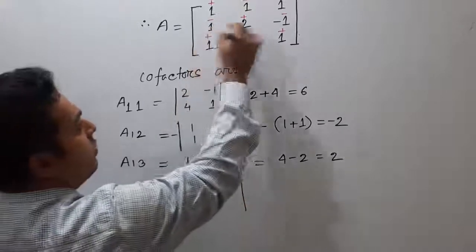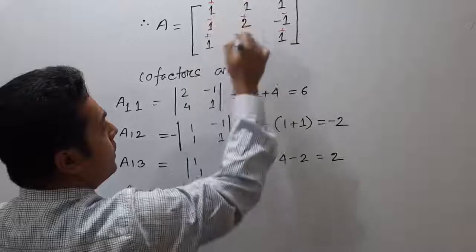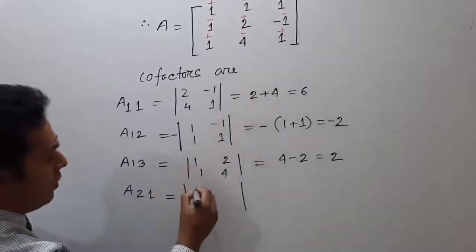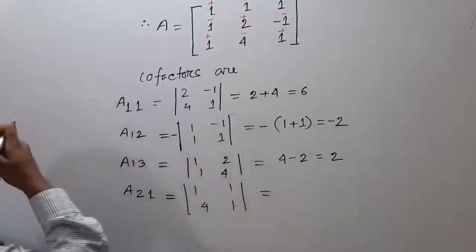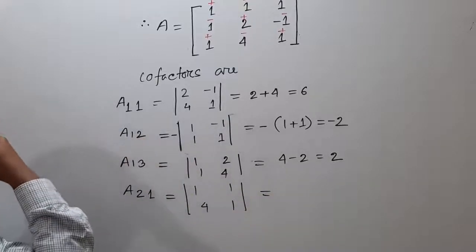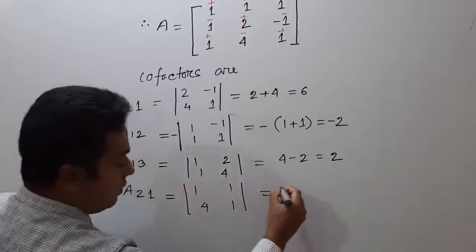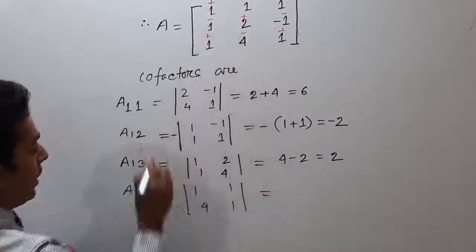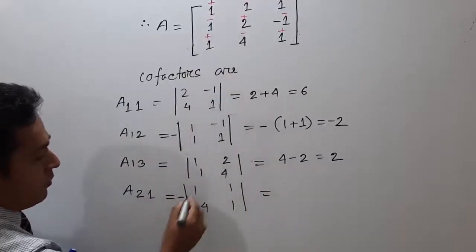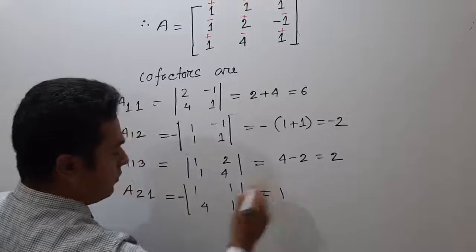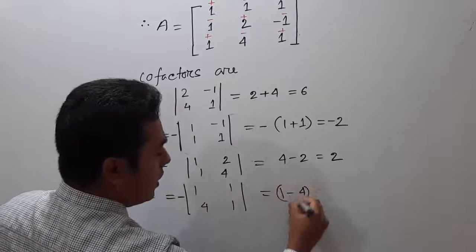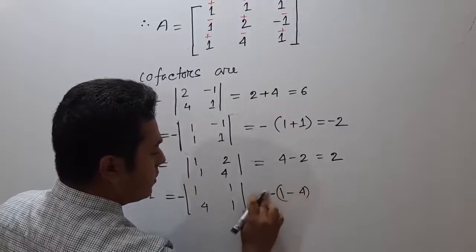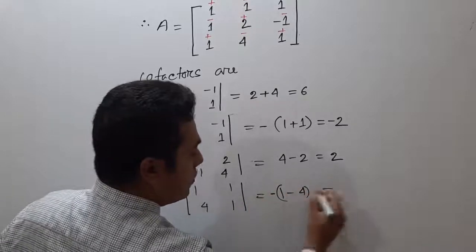Ignore the row and column, then 1 1 4 1 is equal to 1, and the sign is minus. So 1 minus 4, and here the sign is minus, is equal to 3.